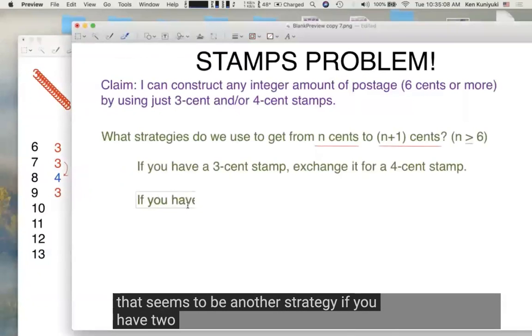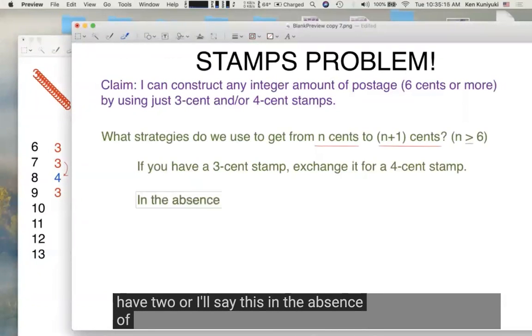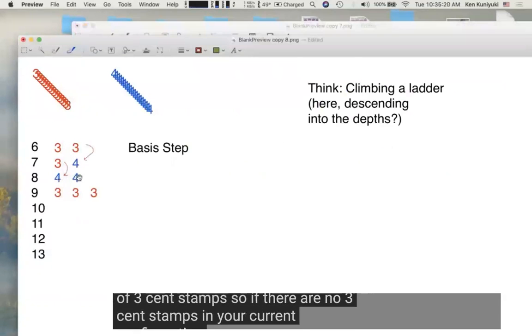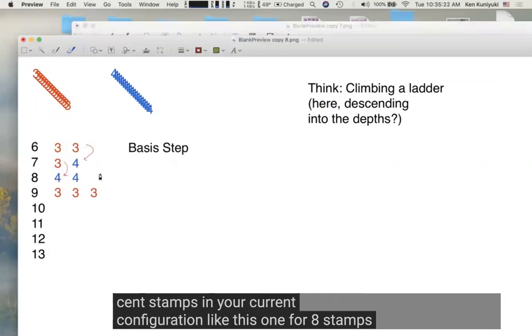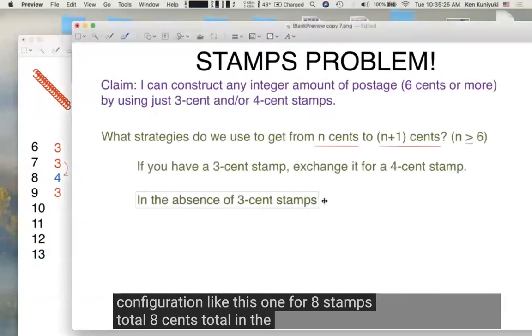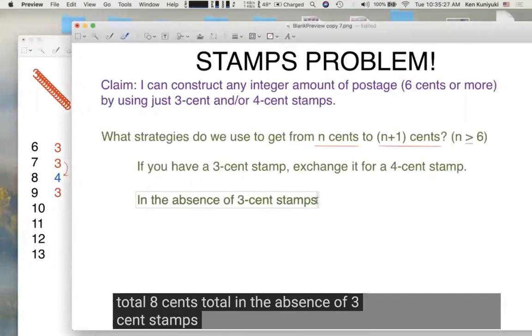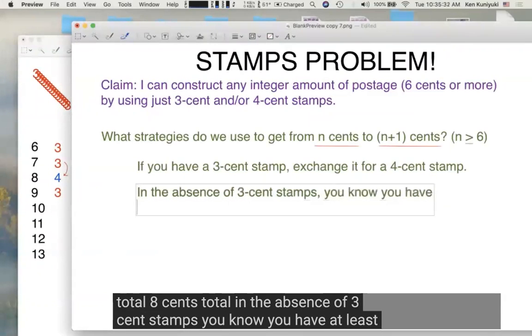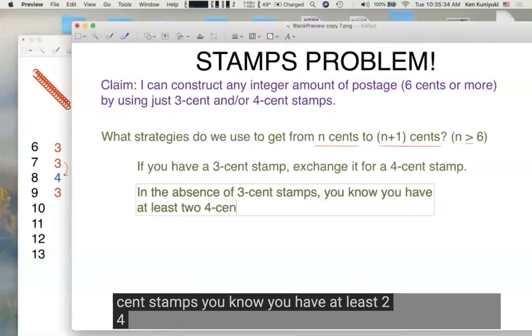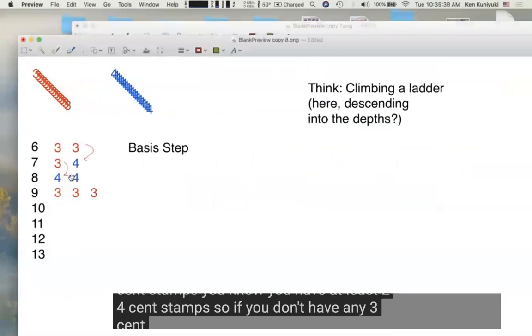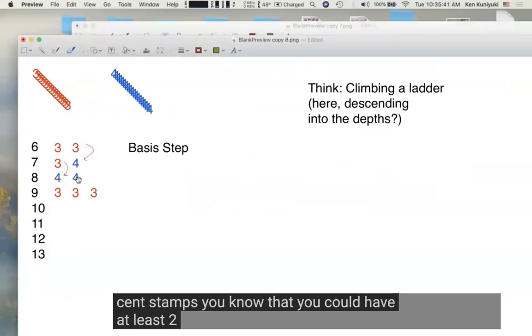In the absence of 3-cent stamps, so if there are no 3-cent stamps in your current configuration, like this one for 8 cents total, you know you have at least 2 4-cent stamps.